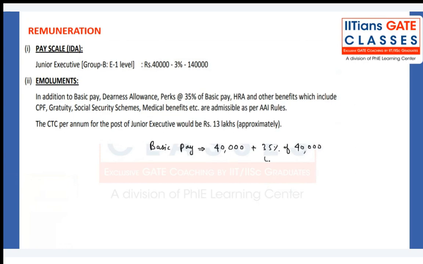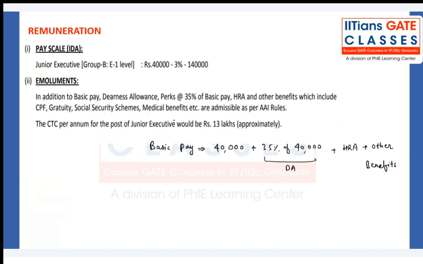This will be considered for DA, plus some other things they have mentioned, guys. If you look here, they have mentioned very clearly some other perks and some other benefits, HRA and so on. Other benefits like perks and whatever is consolidated will be considered under other benefits.